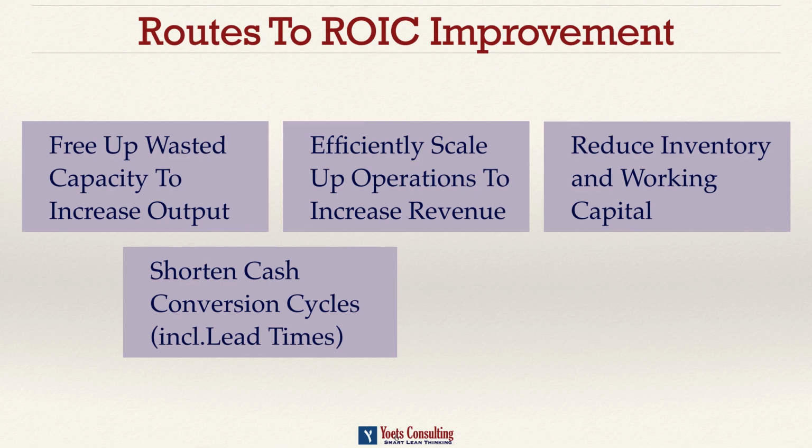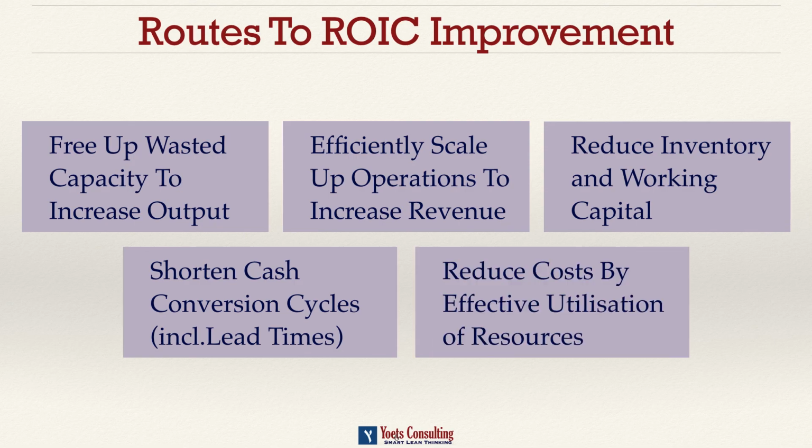In fact, not just can help, it will massively help to improve ROIC. Shortening cash conversion cycles, and that includes lead times as well, will improve your ROIC. And finally, reducing costs by effective utilization of resources or by any other means. If you can cut down the cost without impacting other parameters, you can improve ROIC as well.